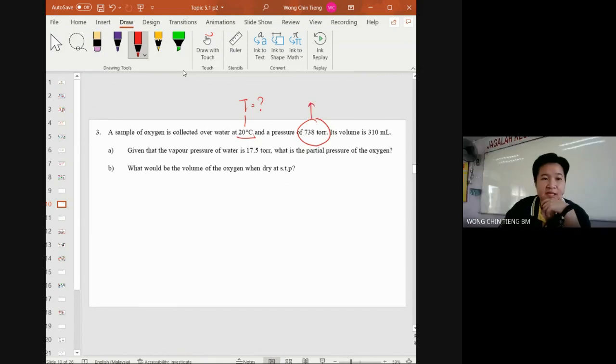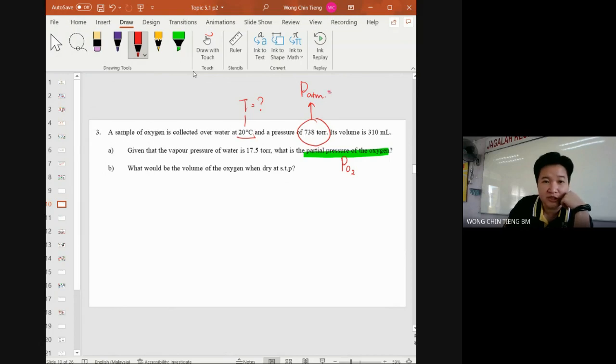Atmospheric. Again, kalau tak pasti, tengok soalan. Soalan tanya partial pressure of oxygen gas. So kalau soalan dah tanya partial pressure of oxygen gas, pakcik ni mesti atmospheric. Nampak? Okay, see that? Simple.